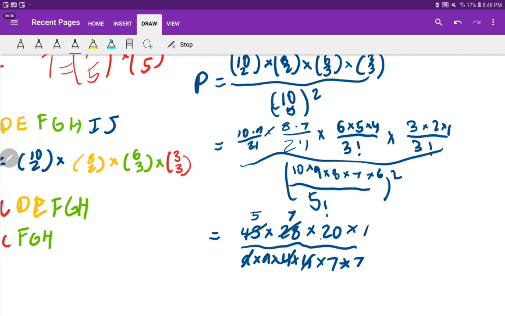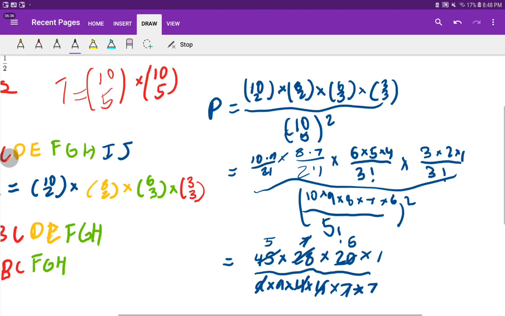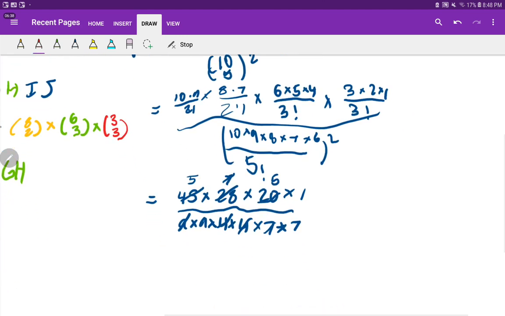Cancel out another 4 with 20 to yield 5. And cancel one of the 7's with the other 7. So then we get that this fraction is equal to 5 times 5 over 9 times 7, which is equal to 25 divided by 63.